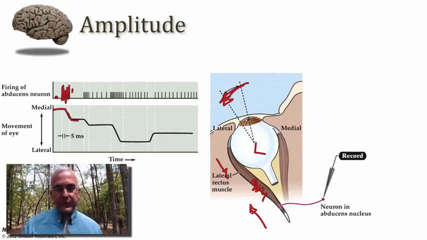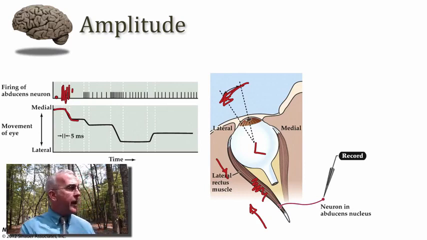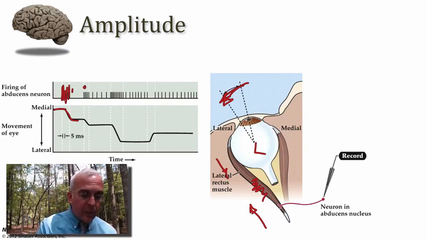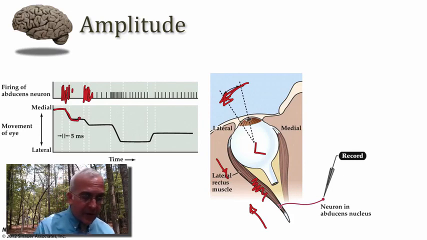Now, if we're just making a very small deviation from our neutral resting position, then that motor neuron might go quiet again. But if we want to continue to move further and further out to our left, we will need to induce another burst of action potentials in this abducens motor neuron. That's going to cause this eye to deviate even further.